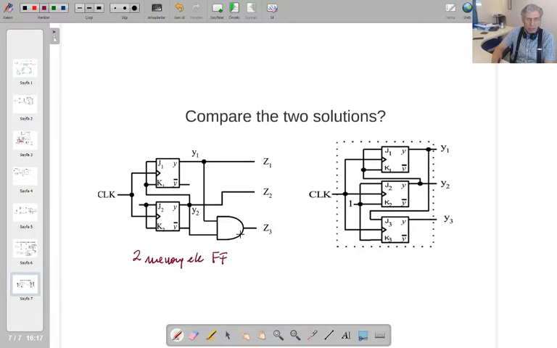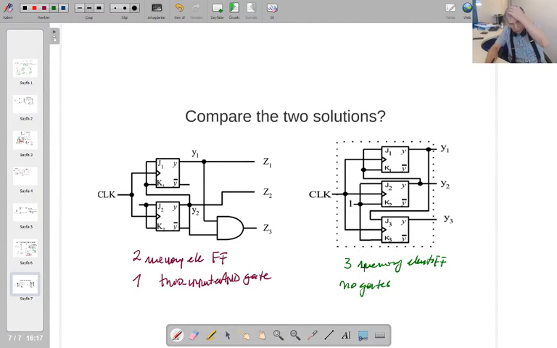This AND gate is a two-input AND gate. In here I've got three memory elements or flip-flops and no gates.